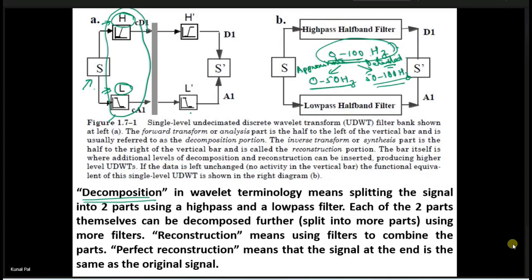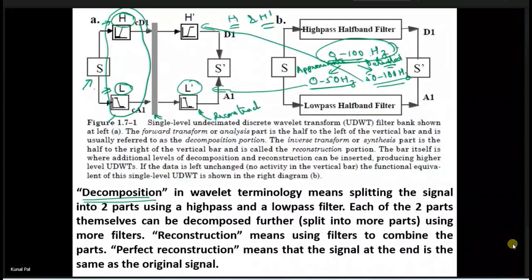Then on the right hand side we have a low pass filter again of the same frequency characteristics and a high pass filter this time. So H dash and L dash have similar frequency characteristics, but these filters on the right hand side of this bar are called reconstruction filters.